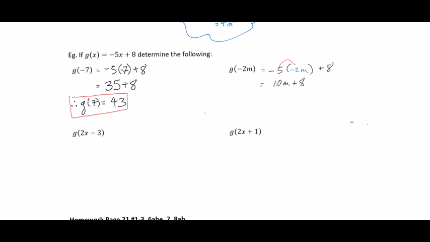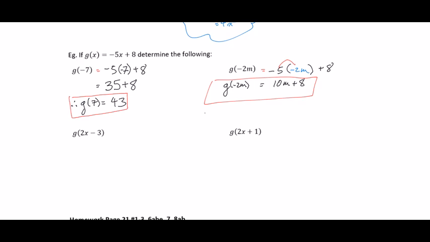And there's no more simplification to do, so g of -2m is simply 10m plus 8. Now remember, if there was any possibility of simplification, you would have to do it, or collecting like terms.